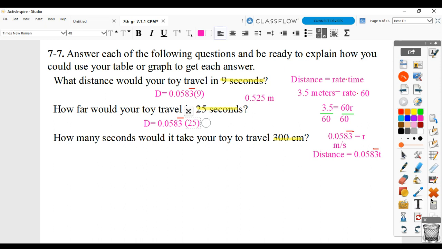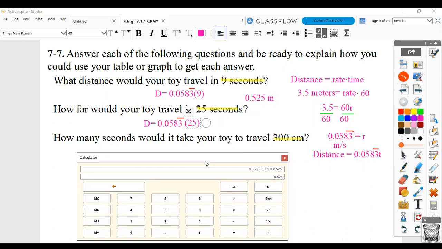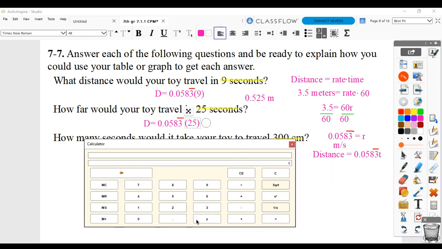So again, you can use a calculator throughout this whole unit. So I'm going to take that constant multiplier, which again was this, and multiply it now by 25. So we get, looks like 1.4583 repeating.